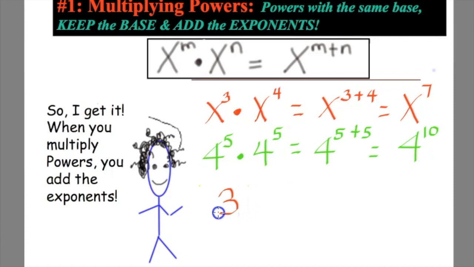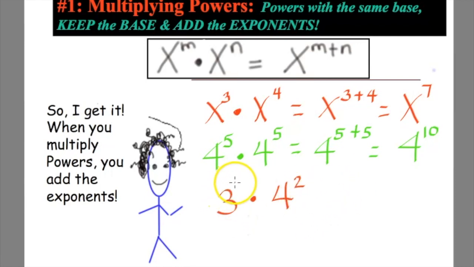Let's try one more. I have 3 to the 1st power times 4 to the 2nd power. What do you think? According to our rule, we must have the same base. So we're going to ask ourselves, do we have the same base? And the answer is no. So we can either leave it in this manner and say there's nothing else we can do, or if it says to simplify, we can simplify it. So let's just go ahead and simplify.